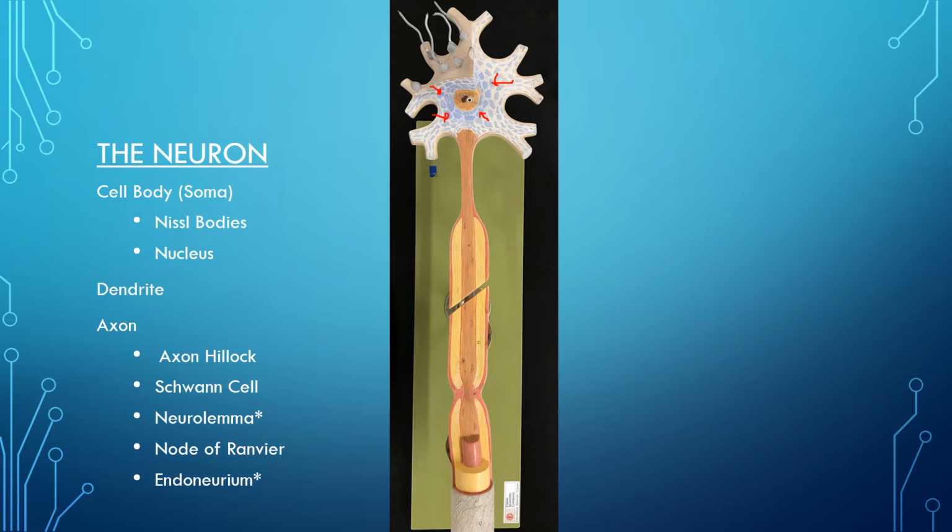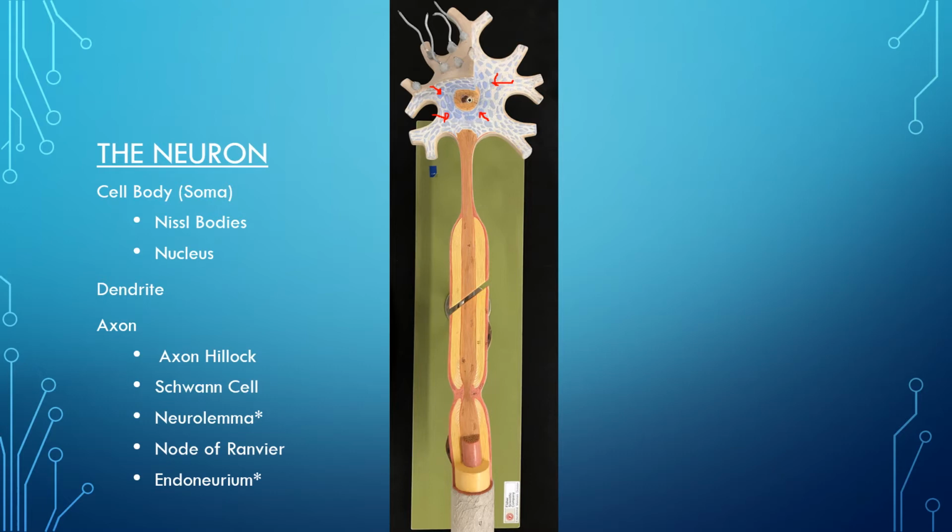These are the sites of protein synthesis for the neuron. The fact that there's so many Nissl bodies here suggests that this is an area of a lot of protein synthesis, and that the neuron requires lots of protein synthesis in order to survive.